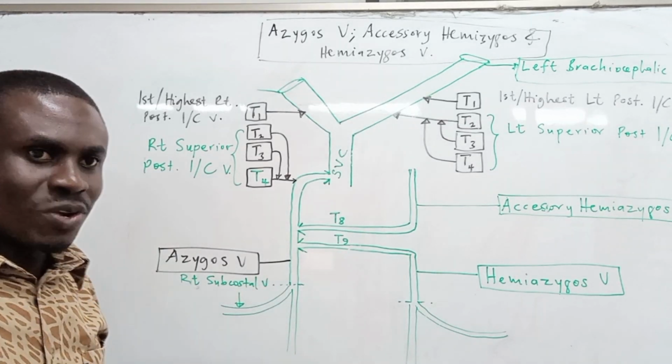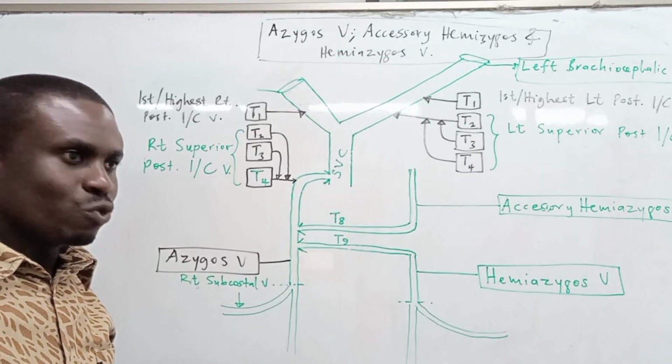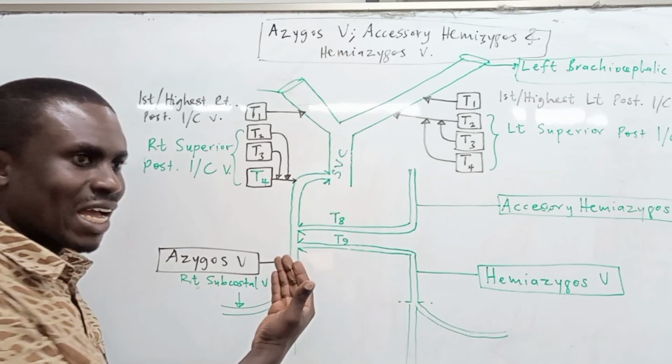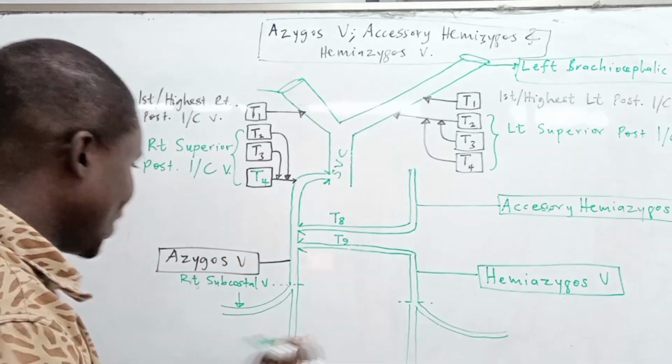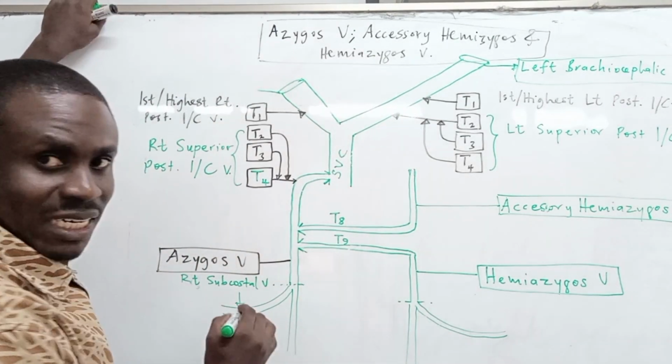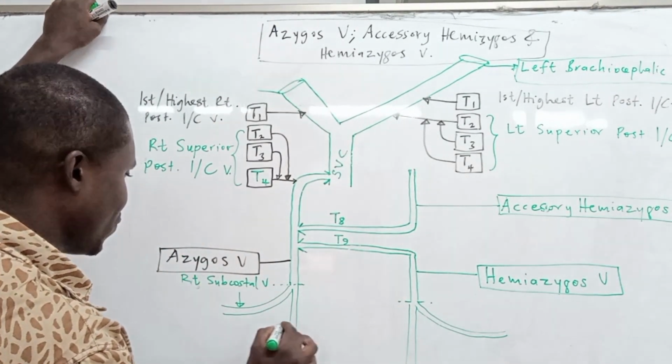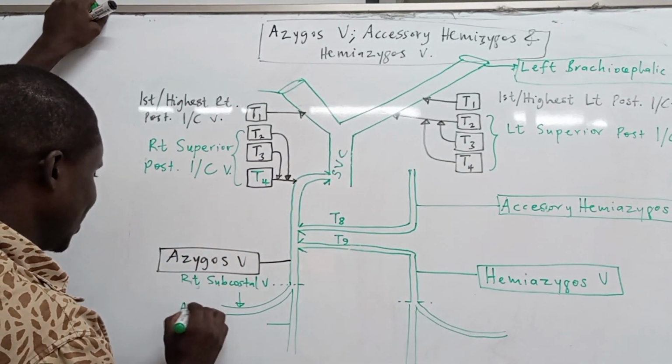The right subcostal vein, together with the vein moving upwards, ascending from the lumbar region, is why this one is called the ascending lumbar vein.